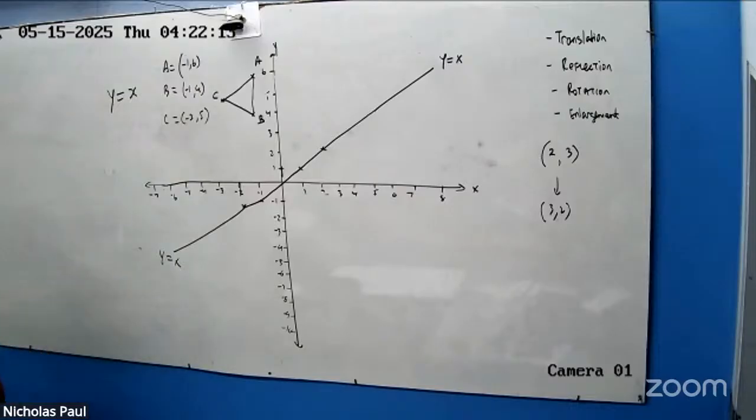Your objective now is to reflect it with your pencil. Plot it and reflect it.